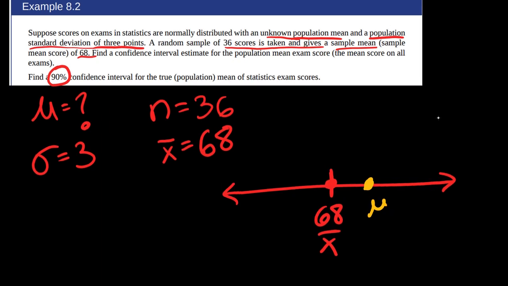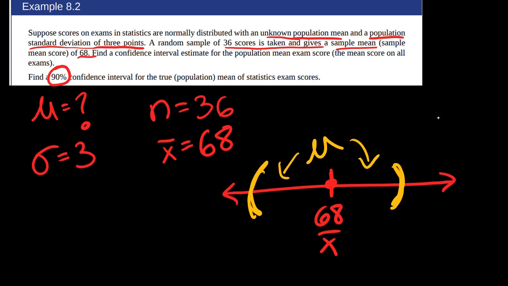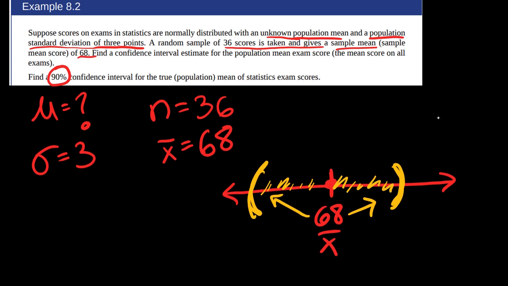So what we want to do is construct an interval around the sample mean, and say we're 90% confident that mu is somewhere in this interval. The way we do that is we start at our sample mean, and then we go some amount above and some amount below the sample mean to construct a buffer zone around it.